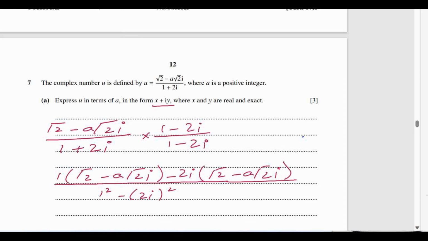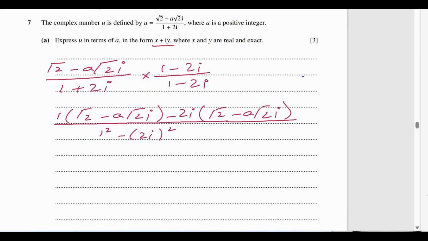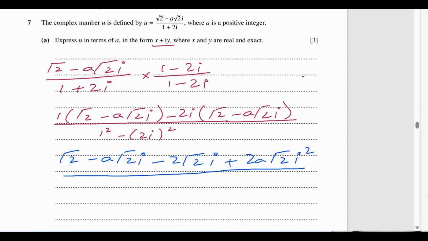So now this will be equals to square root of 2 minus a minus, now this will become 2 square root of 2i plus 2a square root of 2i square. So i square means, now the denominator will be 1 minus 4i square.